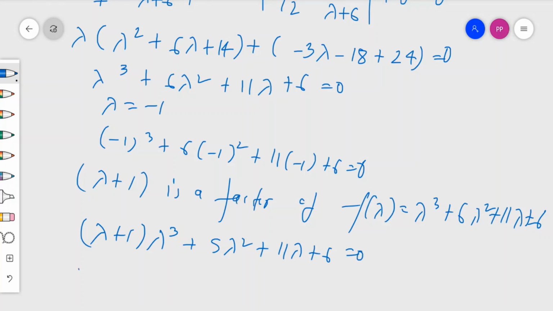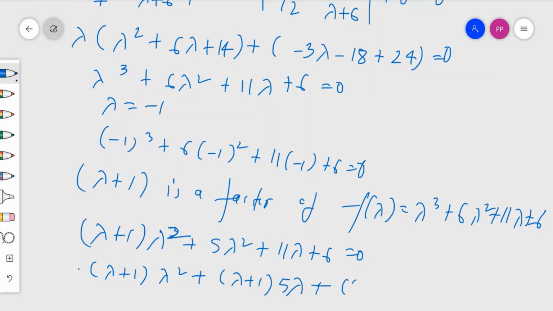Again trying to factorize it, lambda plus 1 times lambda square, plus again lambda plus 1, then I have the 5 lambda, so this should be minus 5 lambda, plus 11 lambda should be 6 lambda.